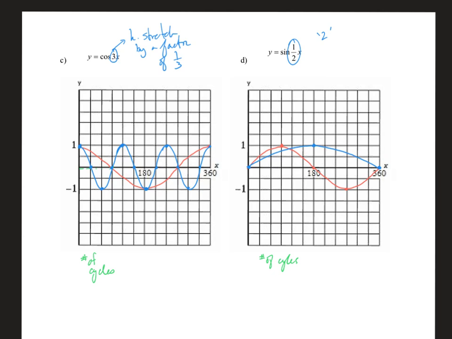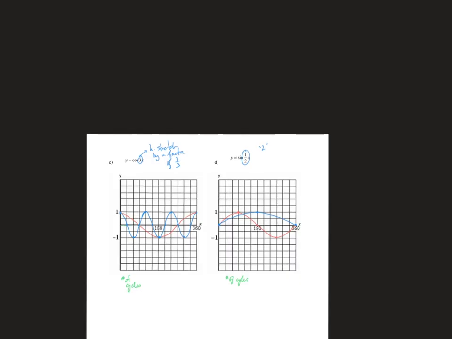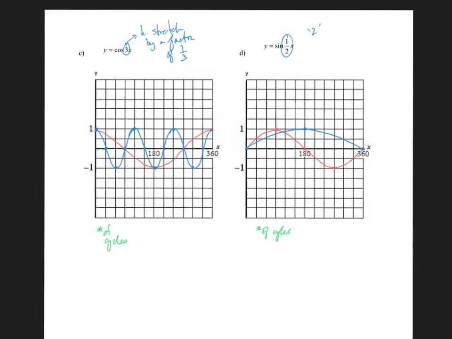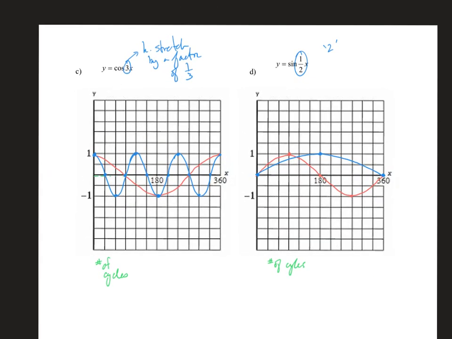Well, you notice that our first rotation is 0 to 360. So when we look at graph C, how many cycles do you see on that graph? You should notice that we get 3 cycles.